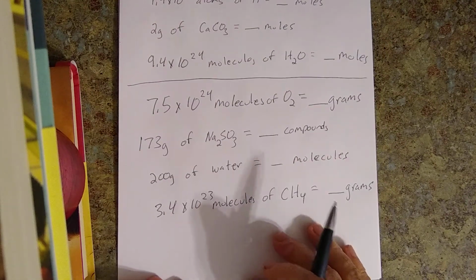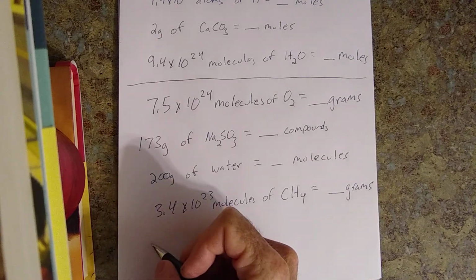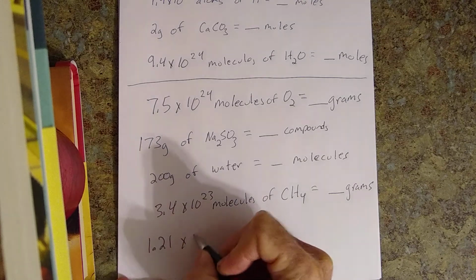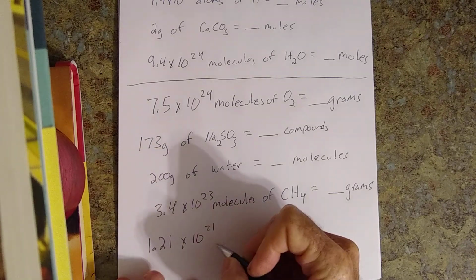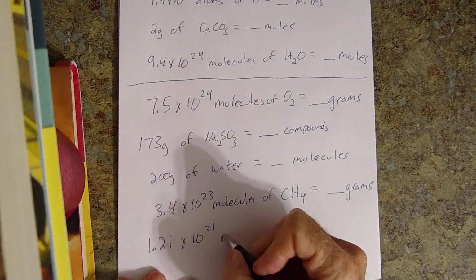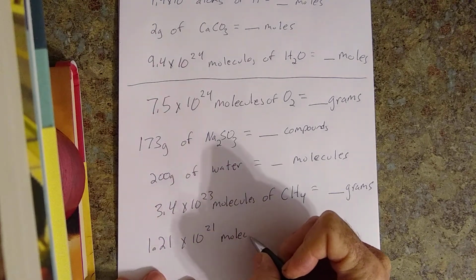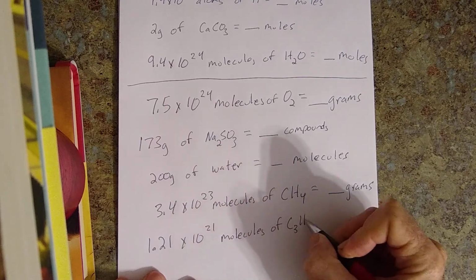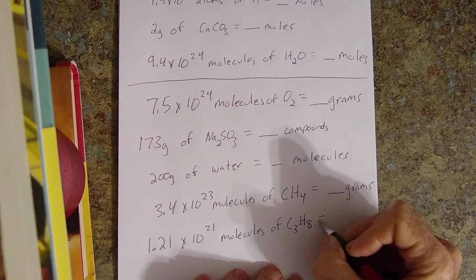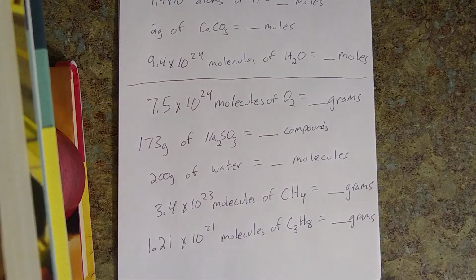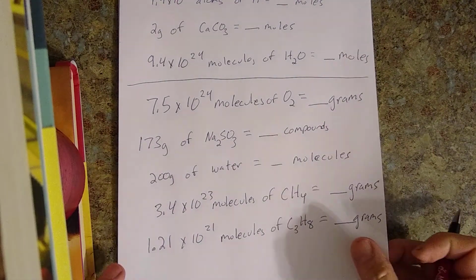And getting near the bottom here. 1.21 times 10 to the 21st, excuse me, that's a 1 there, times 10 to the 21st, molecules of propane would weigh how many grams? All right, so those are some problems for you to work and turn into me.